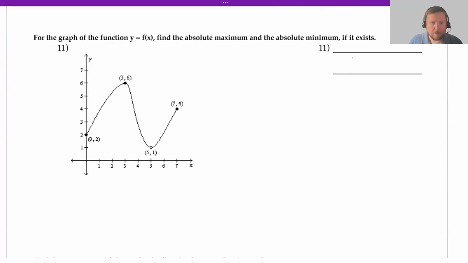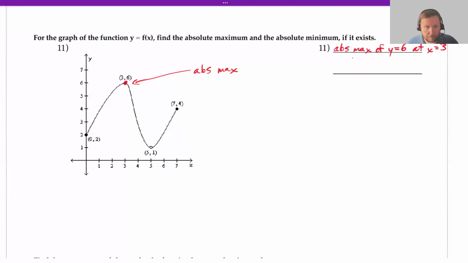If we rank the values, we can see that there is a highest y value right there. That's an absolute max. So our absolute max is y equals 6 at x equals 3.